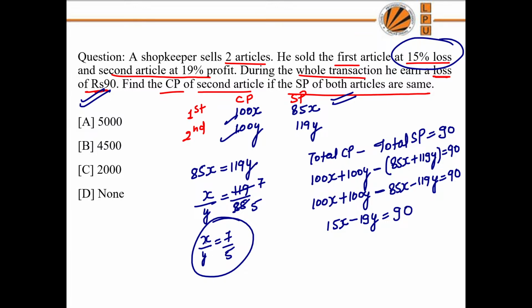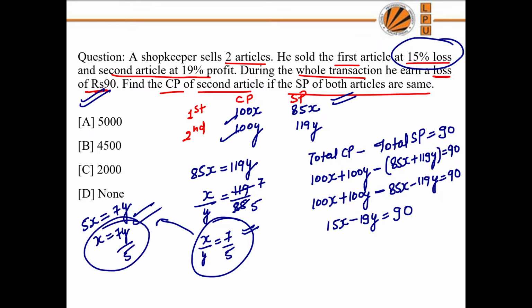Now see here, from here you can use value of x. You can write it like 5x is equal to 7y, isn't it? And from here x would be 7y by 5.